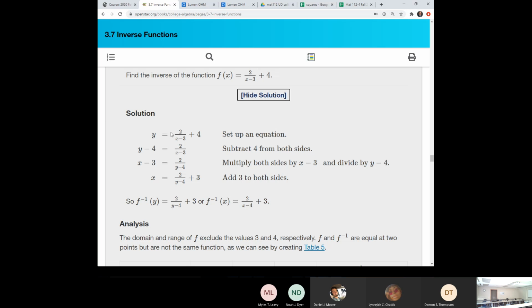So the domain means all values of x except 3. I calculate the inverse function here, and I see that the input to it is all values except where its input is equal to 4, because then I'm dividing by 0 here. So the original function's input excludes the value of 3, and this one's input excludes the value of 4.